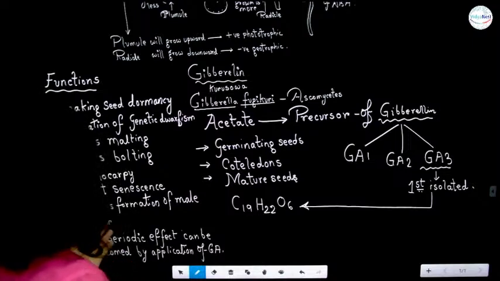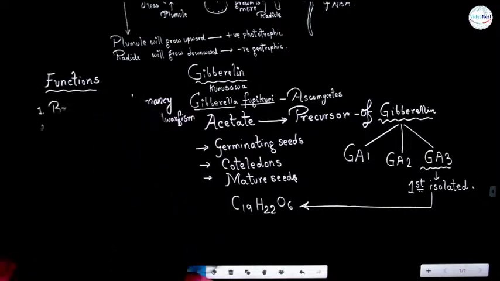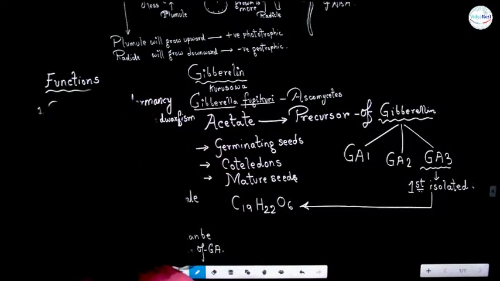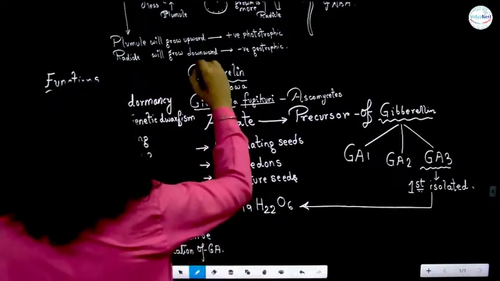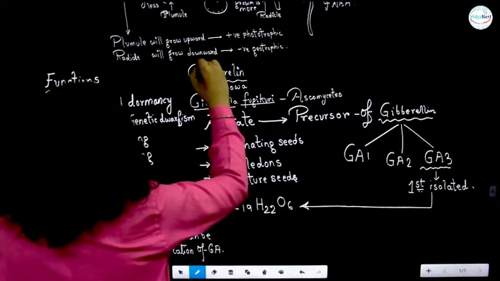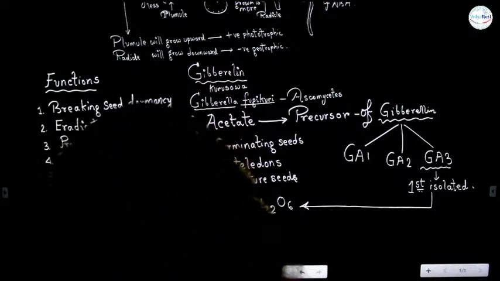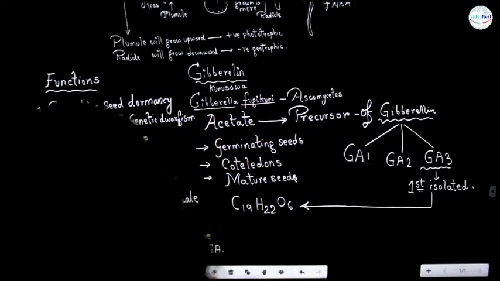So here we can study so many features like breaking of seed dormancy, eradication of genetic dwarfism, promotes malting. So what are these breaking of dormancy and all these things? Let us see.